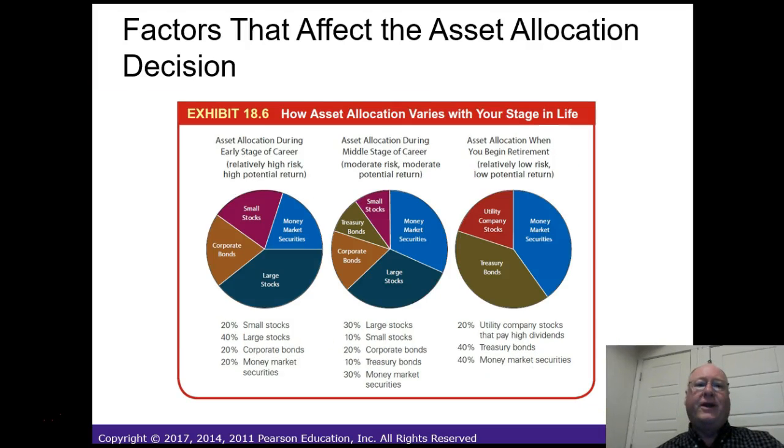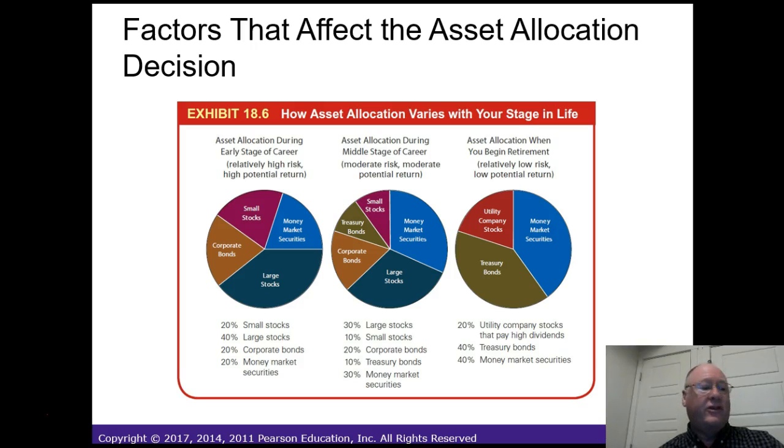Let's talk for a few minutes just about factors that come into asset allocation decisions themselves. As you look here at the slide, you can see that when you're earlier in your career, that's going to make a difference versus later on in a career when you're really making retirement decisions, because your stage in life really should have significant determinants about what you invest in.